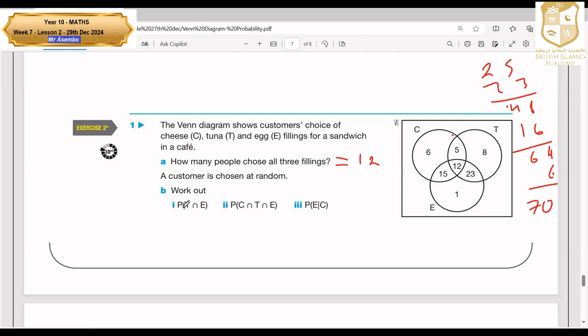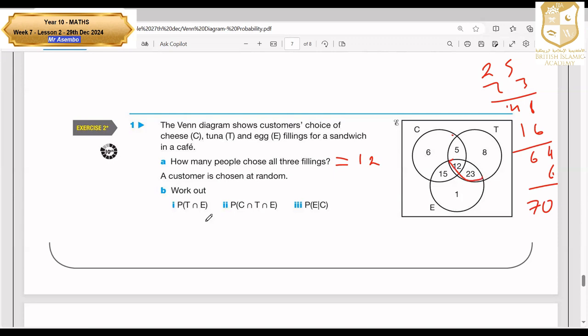Now, work out the probability of picking T intersection E. The people who chose tuna and egg. Now remember, we are picking the intersection tuna and egg, between tuna and egg.